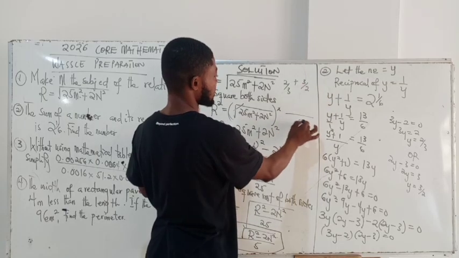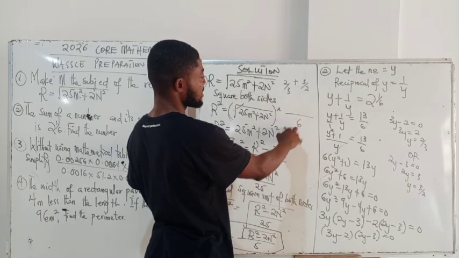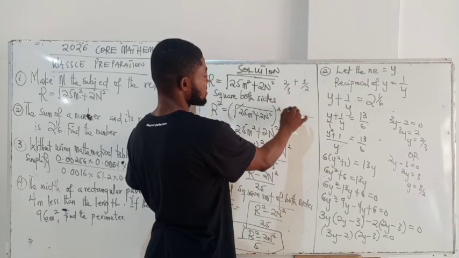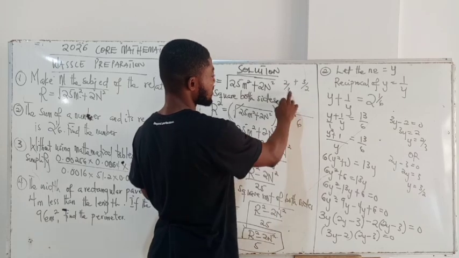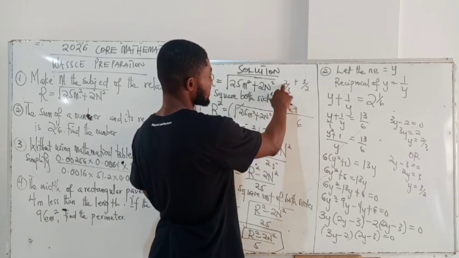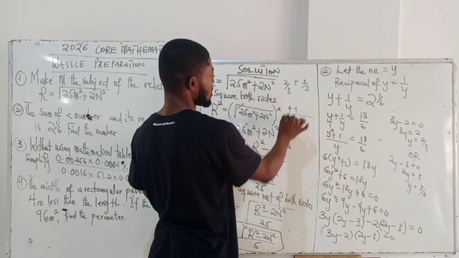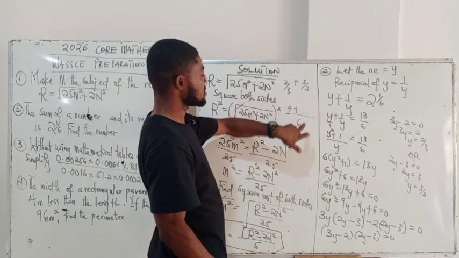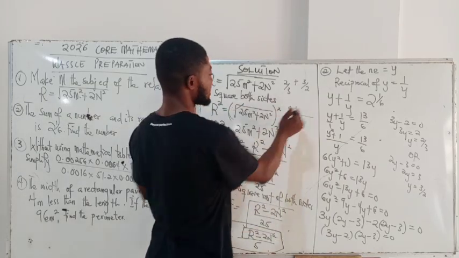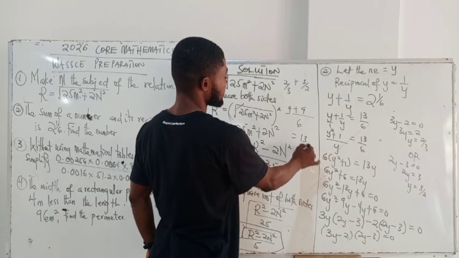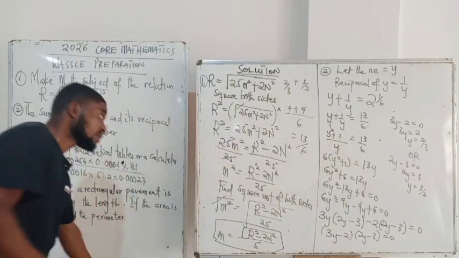LCM 6. 3 goes into 6, 2 times, 2 times 2, that will be 4. Then 2 goes into 6, 3 times, 3 times 3, 9. That will be 13 over 6, like we have over there. So it means it's right.